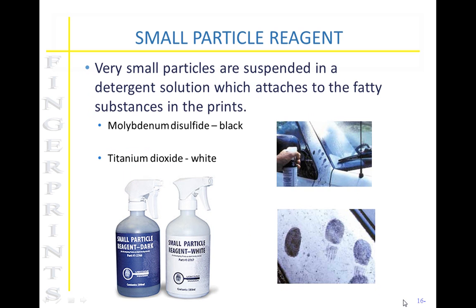There are also small particle reagents that can be used. These are going to be primarily used on wet surfaces. They can come in two different colors, so you can choose if you're working with a light colored surface or a dark colored surface. The small particles are suspended in a solution that's going to attach to the fatty substances in the print.